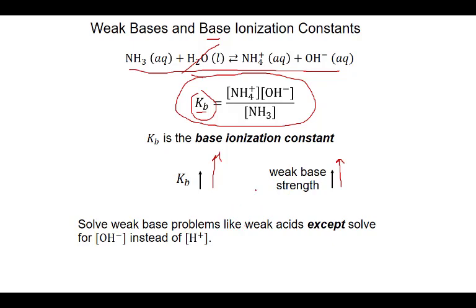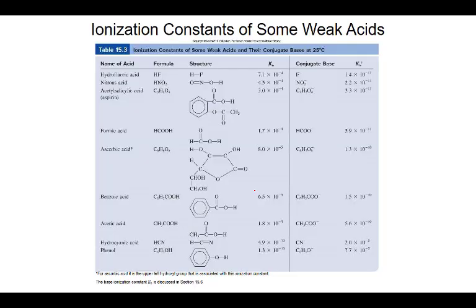We will see this in the table. This is the Ka equilibrium constant for the acid. These are examples of acids, and we see this value is bigger and this value is smaller, so the strength of the acid increases upward because Ka is bigger this way. The conjugate base here is the same.